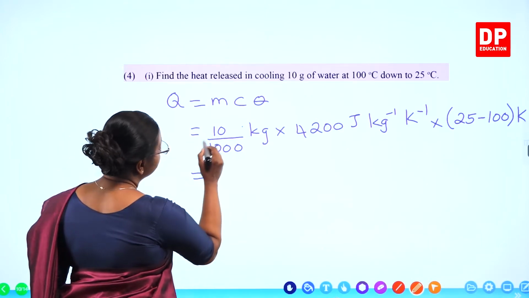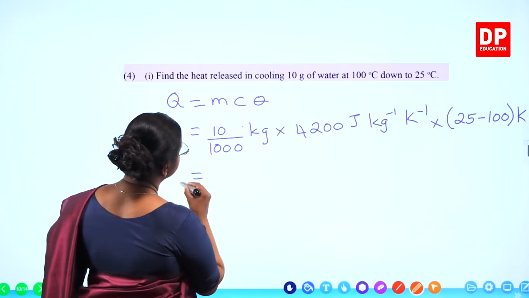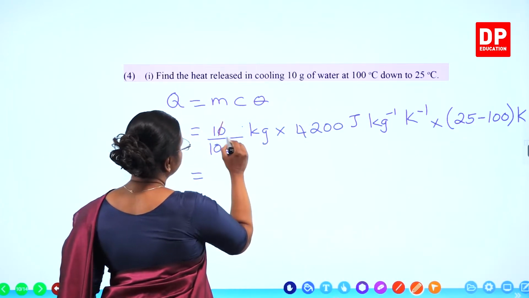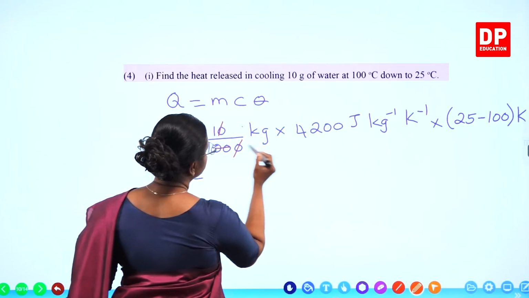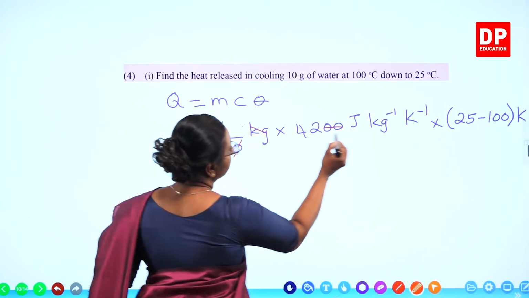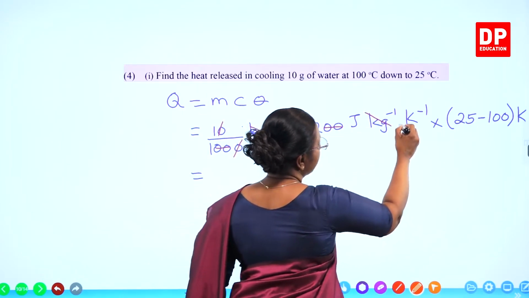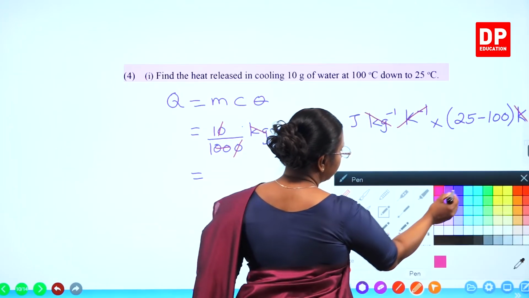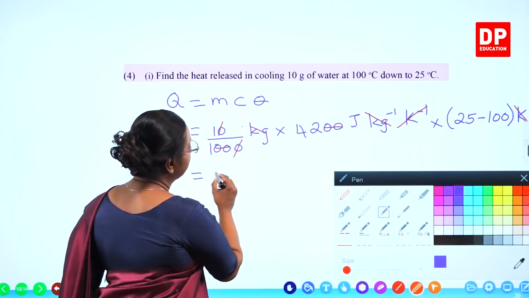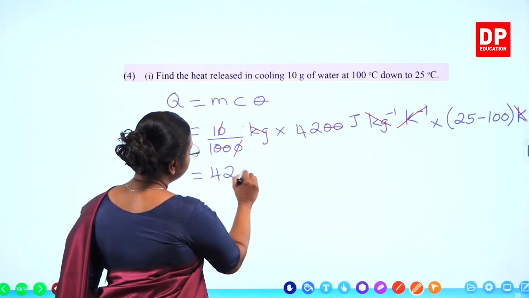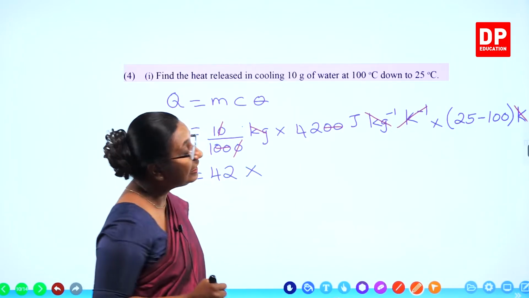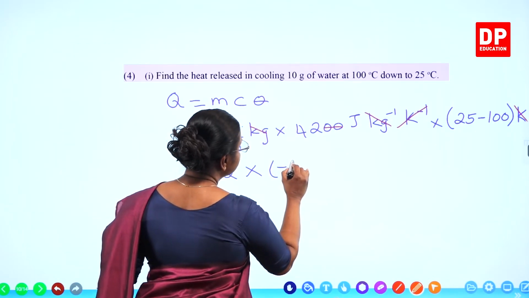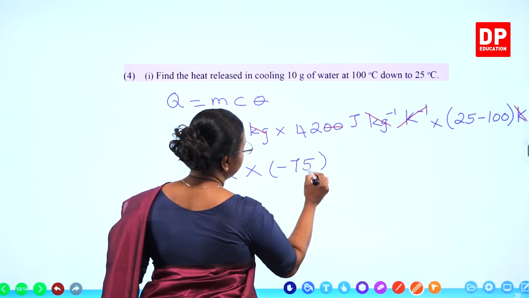So if we try to calculate the value, you can see here, we can simplify this first. So we can cancel off the zeros. The zeros here, kilogram and kilogram minus 1, Kelvin minus 1 and Kelvin. So then you will get the remaining values as 42 into 25 minus 100, we know it is minus 75 Kelvin.